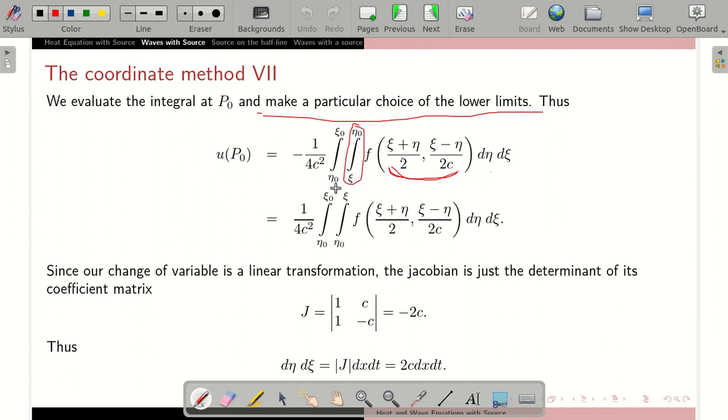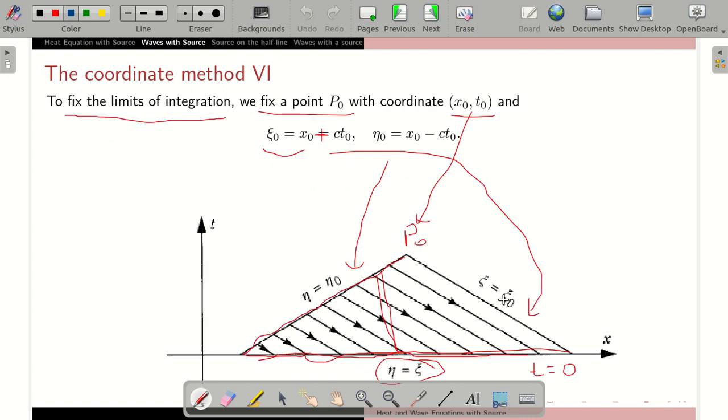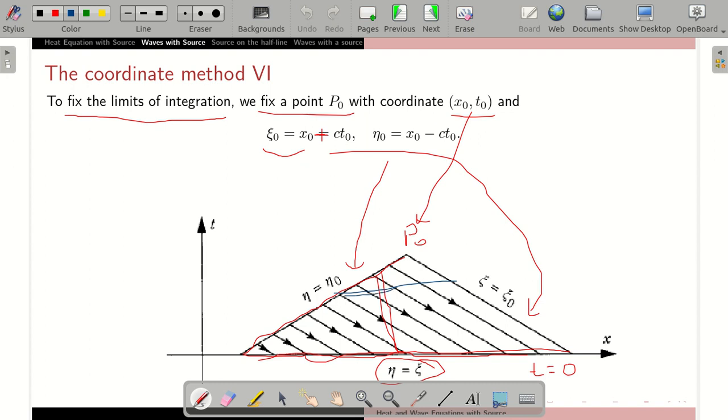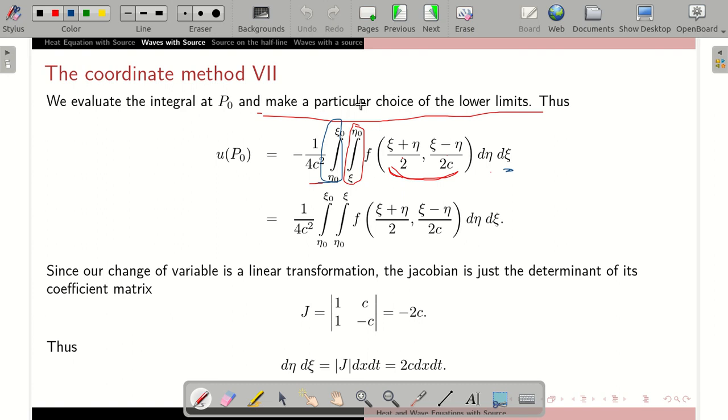Second limit is corresponding to variable xi. So xi is running from eta 0 to xi 0, eta 0 to xi 0.